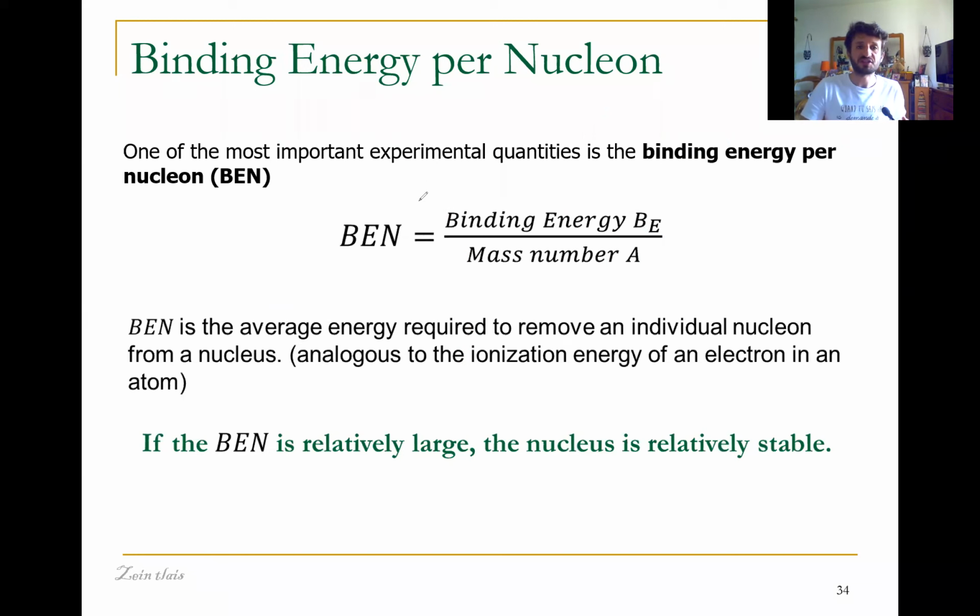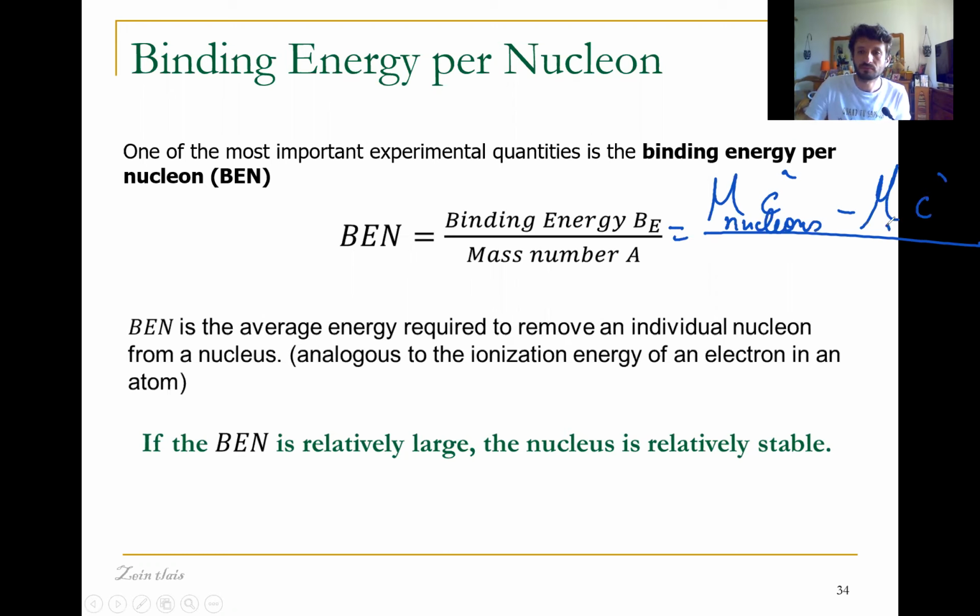In general, the definition of BEN equals the total binding energy of the nucleus Be divided by the mass number A. You know, the binding energy equals the energy of the nucleons minus the energy of the nucleus, divided by A. In general, as a definition, physically, the binding energy per nucleon is the energy required to remove one individual nucleon from a nucleus.